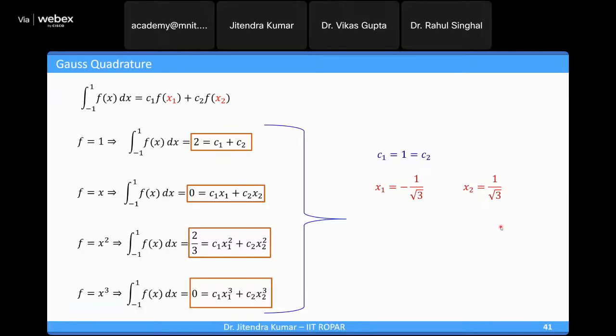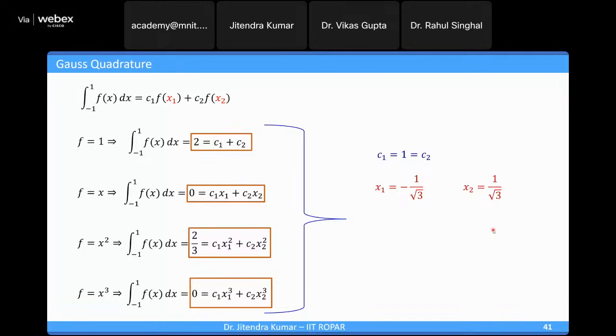It's a unique solution. You don't have many possibilities. Now the two function evaluations will be done at minus 1 by square root 3 and 1 by square root 3, and these C1 and C2 are just 1.